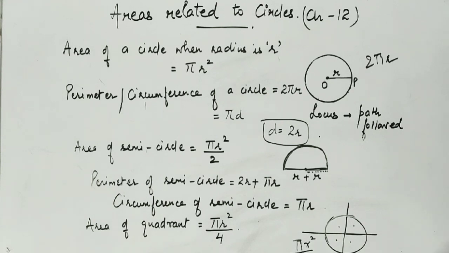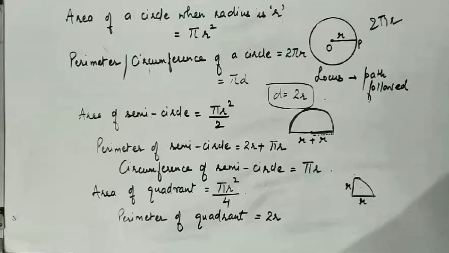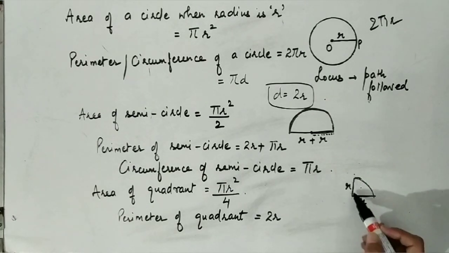The next one would be perimeter of quadrant. If I ask you perimeter of quadrant, figure can be something like this. Look at this. How do you find perimeter of quadrant? You can see here R and R is added.